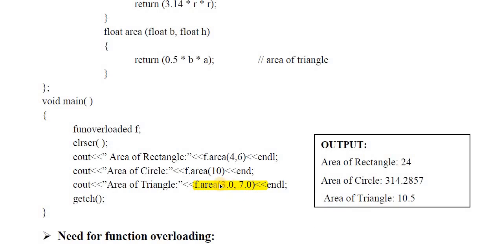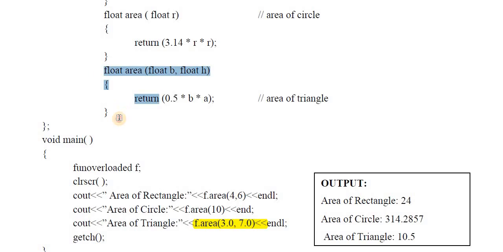Then area 3.0, 7.0. So here we are passing two values, 3.0 decimal values, 7.0. So it will select the third function because we are passing two values. So here two parameters are there, b, h, but their data type is float. Float means decimal.